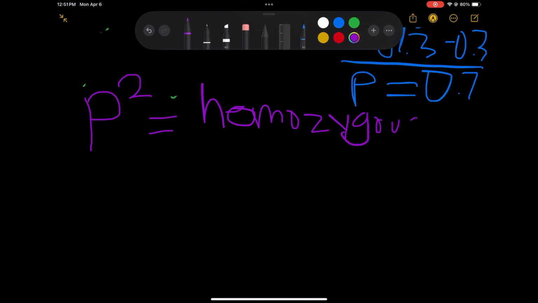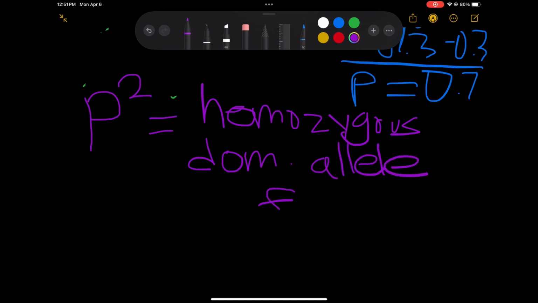What I'm going to do here is find my p-value, which is right here. So 0.7 squared is equal to 0.49.